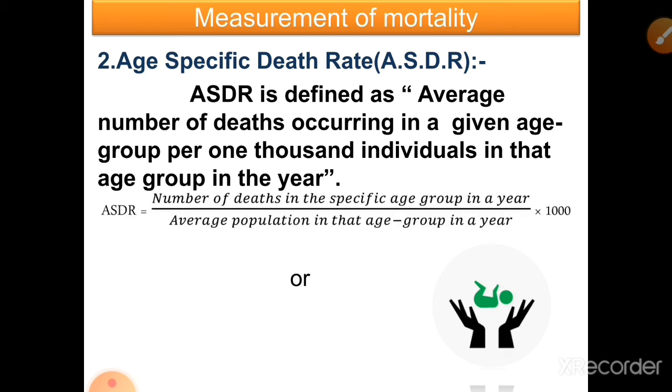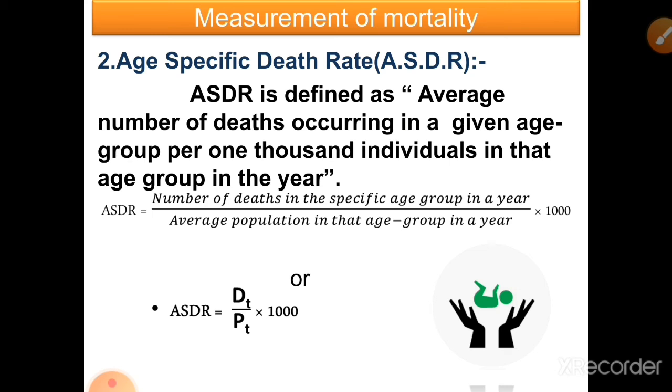The formula of ASDR is equal to the number of deaths in the specific age group in a year divided by the average population in that age group in a year into 1000. In short, it can be written as ASDR is equal to Dt upon Pt into 1000. Here D means deaths, T stands for age, and P means average population.